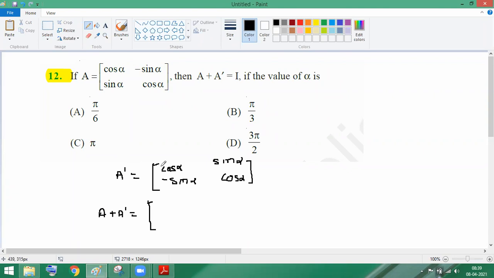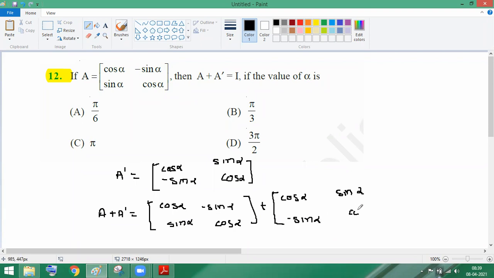Now I will find A plus A dash by adding both directly. A is cos alpha, minus sin alpha, sin alpha, cos alpha. Adding A dash, which is cos alpha, sin alpha, minus sin alpha, cos alpha, we get the identity matrix.